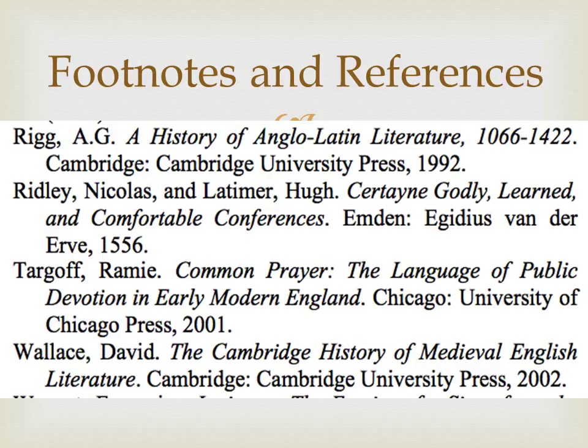And it would be in alphabetical order, so that you can clearly see Rigg, followed by Ridley, followed by Tartoff, followed by Wallace, so that you can find these A, B, C, D laid out in alphabetical order, so that they're easy to find. And this would be the list of works cited at the end of the paper.